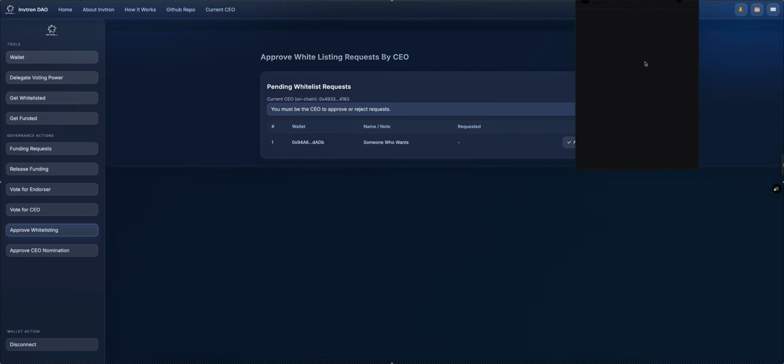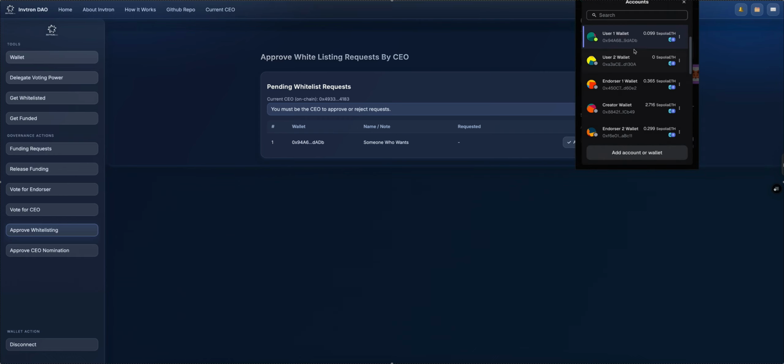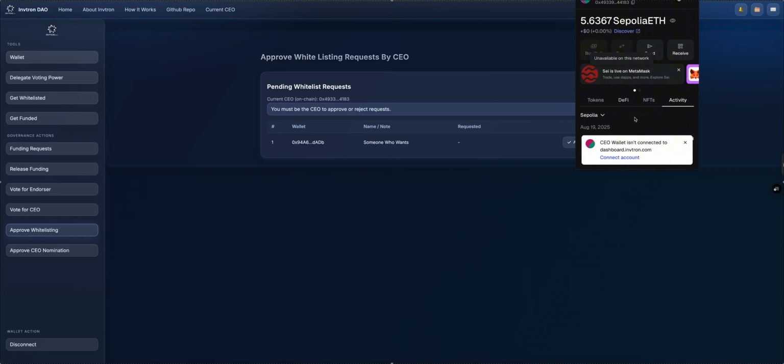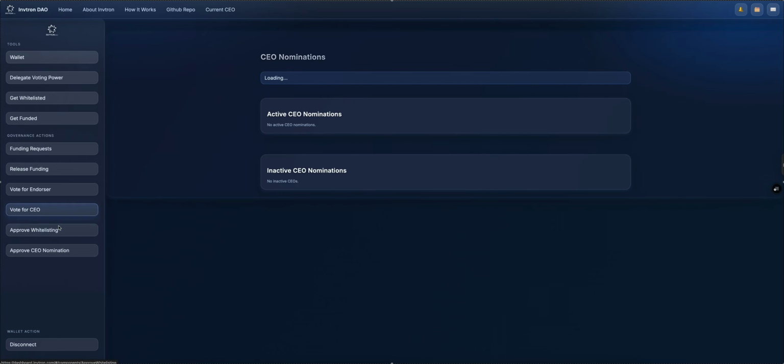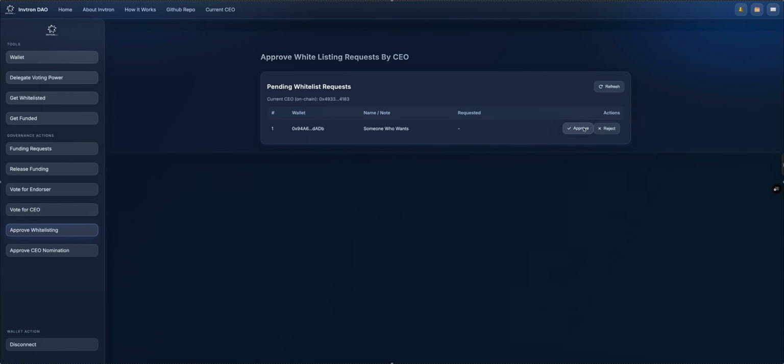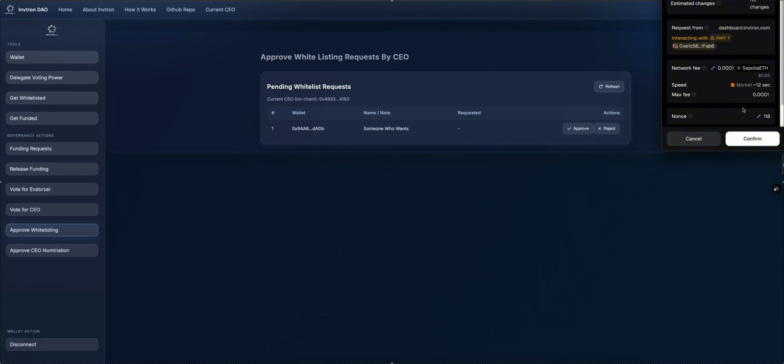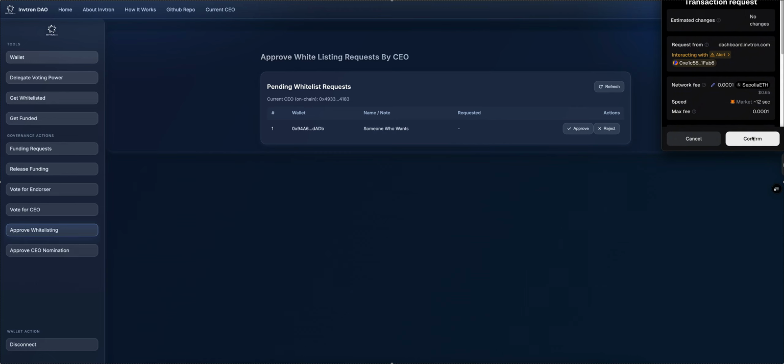I will go to the CEO wallet now and connect. And I think I need to change the tab to refresh. Yeah. Okay. As you can see, it worked. And confirm.